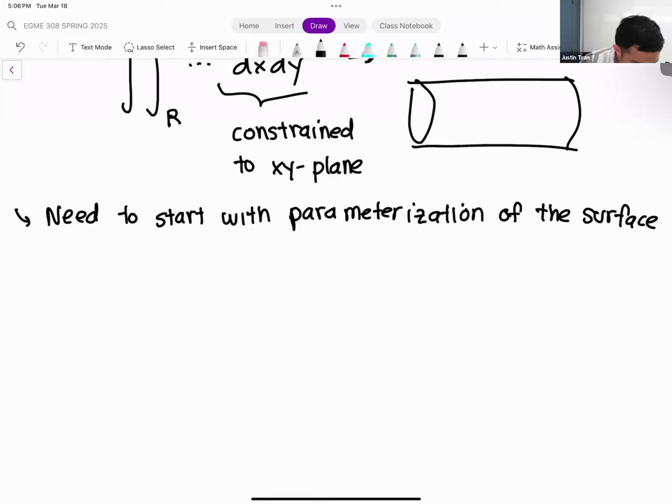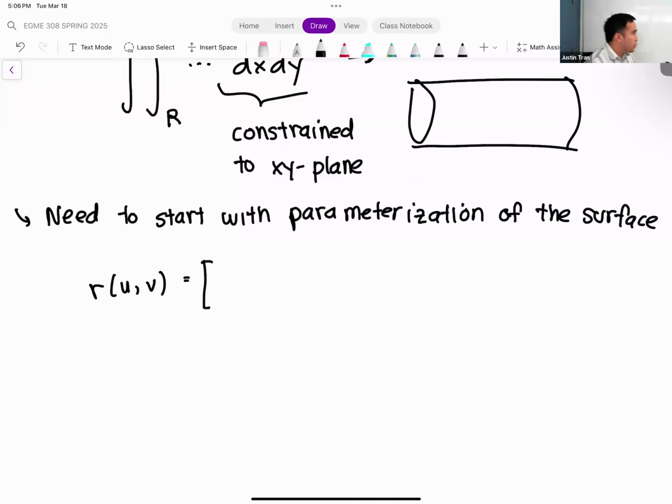I'm going to use the symbol R very similarly to our parameterized curves. But since we're parameterizing a two-dimensional surface, we need two parameters. So it's not just going to be T anymore. I'm going to use U and V. So it's going to be R of U and V.